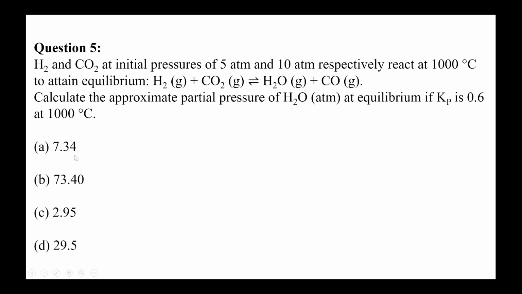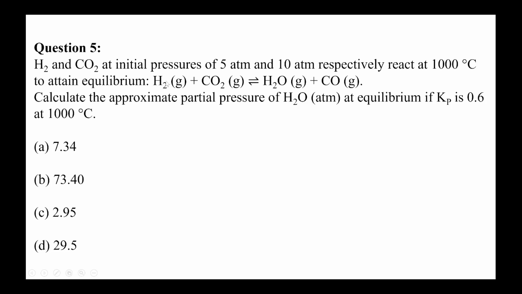Okay, so the options are 7.34, 73.4, 2.95 and 29.5. So all of you again use your notebooks and calculate. Those who know how to calculate this, calculate and tell me the answer quickly in the chat box. Those who don't know the answer, wait for the detailed solution, and after that if you have any doubt, please ask.